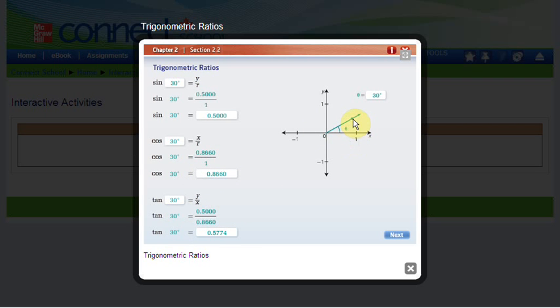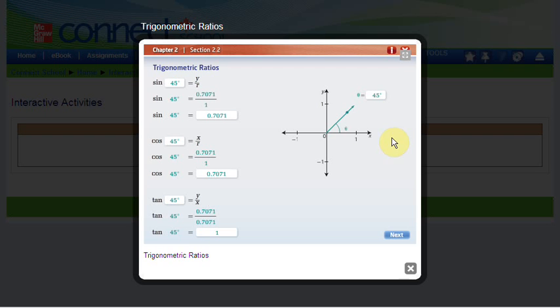Okay, I'll move to 45. There's 45. And you can look at those ratios, and those ratios will be the same as what we had in the special angle table. 0.7071 is just 1 over root 2.